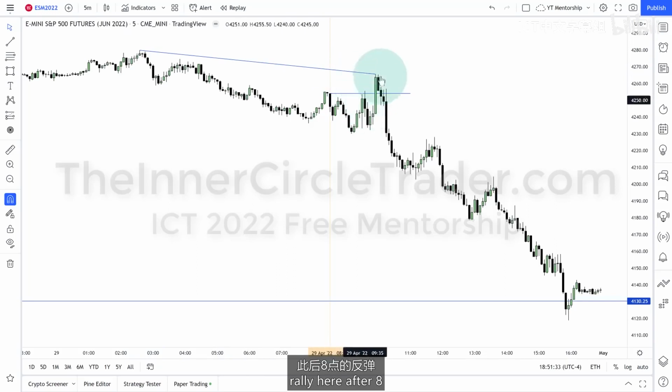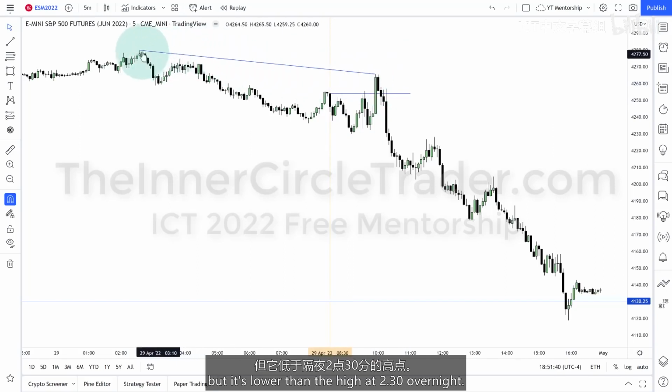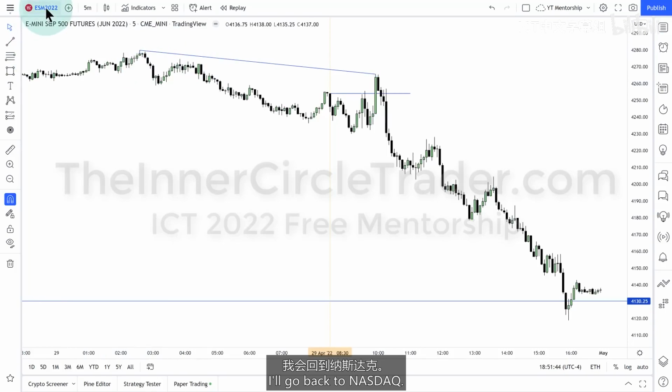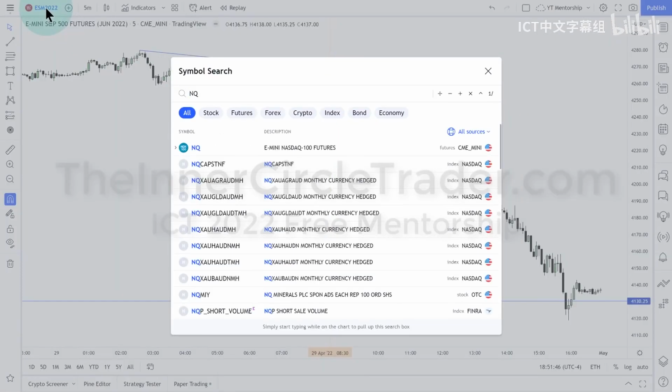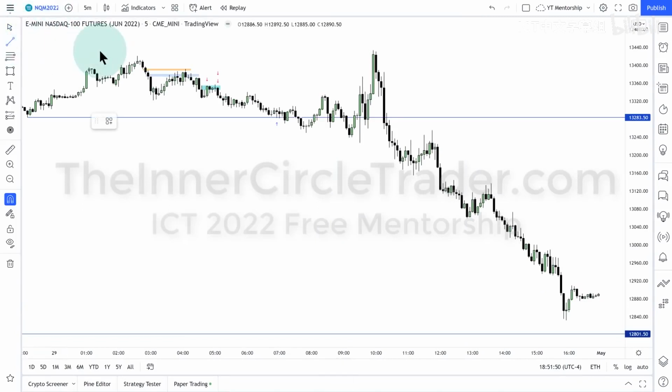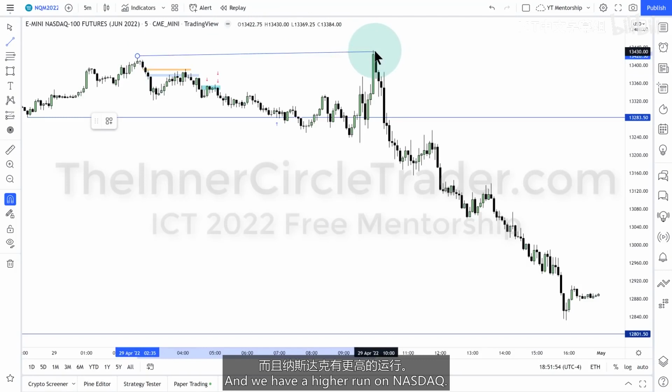The rally here after 8:30 creates the high, but it's lower than the high at 2:30 overnight. I'll go back to the NASDAQ. See that? 235. And we have a higher run on NASDAQ.